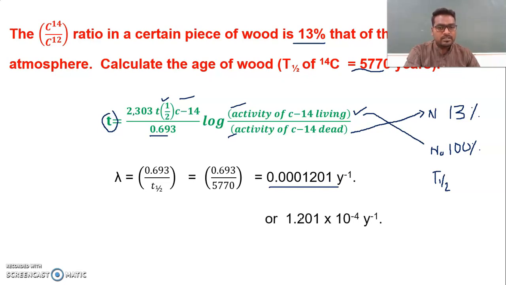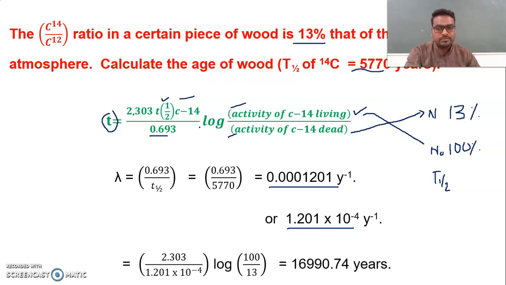If you simplify it, it becomes 1.201 times 10 to the power of minus 4 per year. So this is lambda. Now if you substitute the value in the above equation, you will get t = 2.303 divided by 1.201 times 10 to the power of minus 4 into log of 100 by 13.